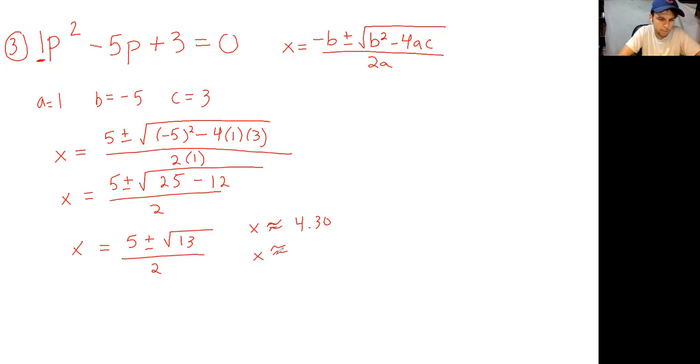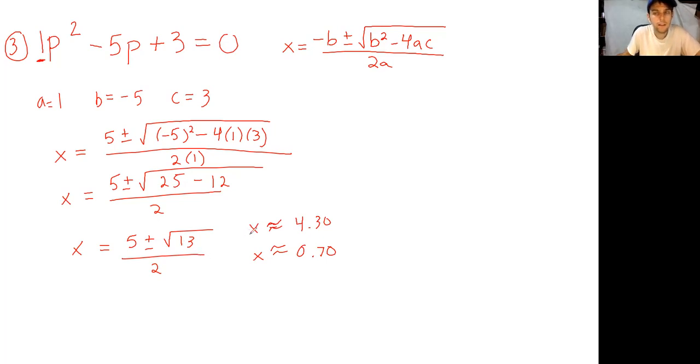So 5 minus the square root of 13 divided by 2. I'm getting 0.697. So I actually would round up to 0.70. So these would be my approximate solutions if I wanted some approximate numbers for whatever reason, depending on why I'm solving this equation. And this would be an exact solution. These would represent my exact solutions without any decimal approximation.